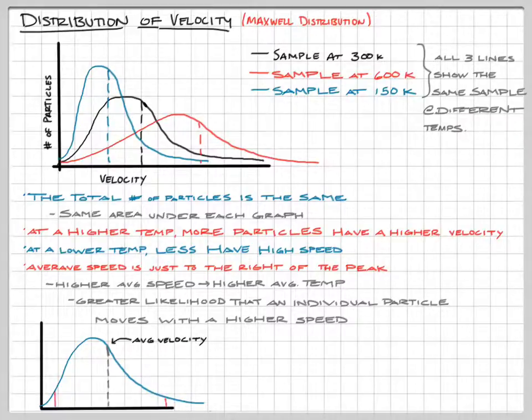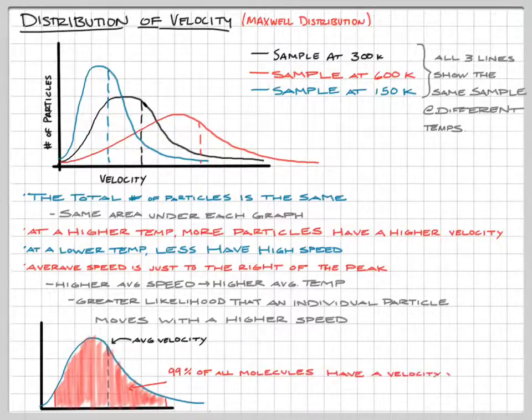It's also good to know that within that range of those red things, we've got 99% of all the molecules in our substance. 99% of all of the molecules have a velocity within this range. And so very few particles are moving really slow, and very few particles are moving really, really fast. That's all we got for now.